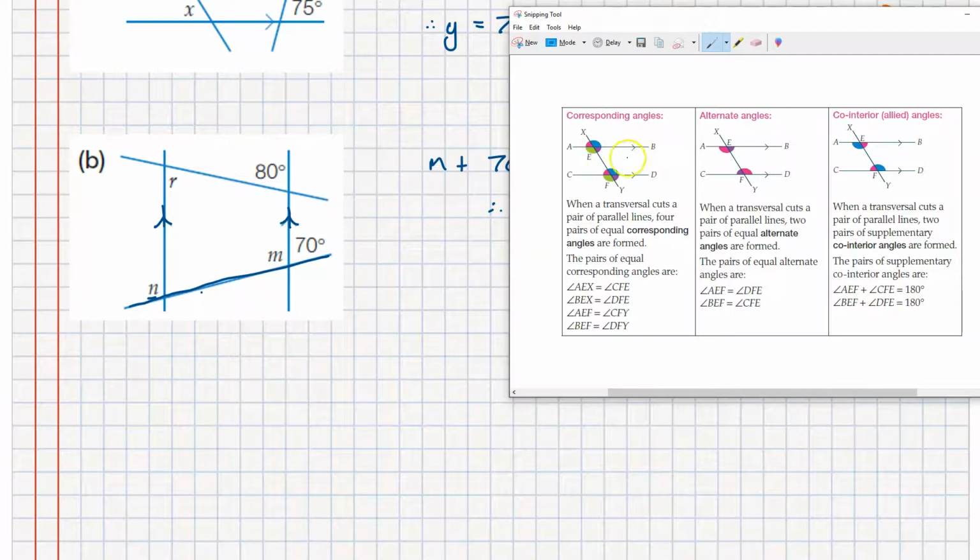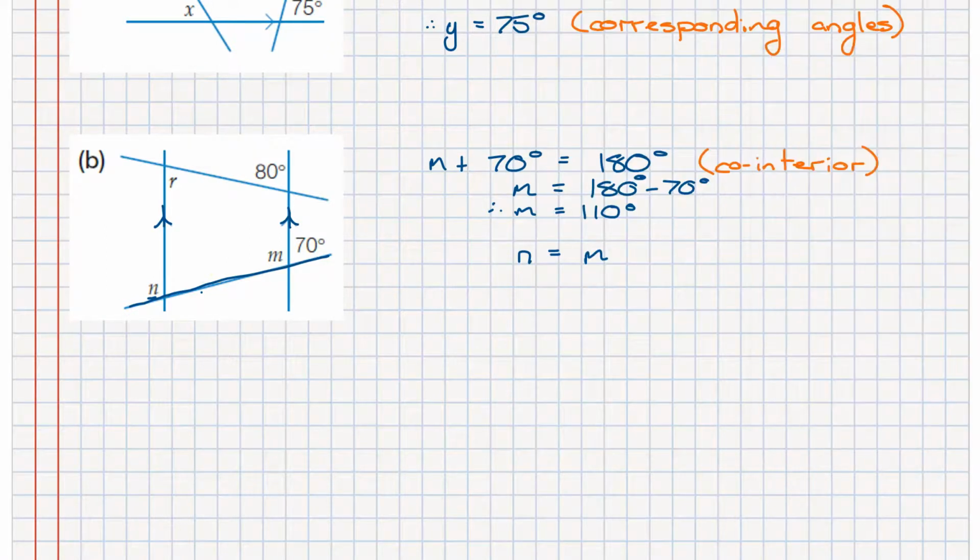You've got these two parallel lines here, and look at the blue here and here. We can see it's the same pattern going on. So n and m are equal by corresponding angles. Therefore, the value of n is also equal to 110 degrees. Too easy.